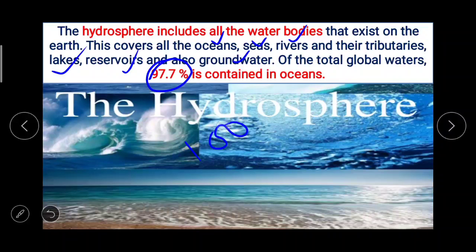Out of 100%, 97.7% water is in the oceans. तो बचा हुआ सिर्फ 2.3 जो है वो बाकी चीज़ों में है, जैसे in the rivers or in the lakes or in the reservoirs and also including groundwater.